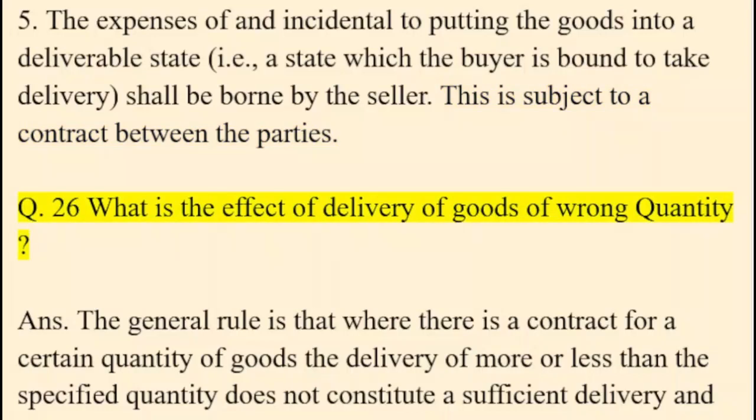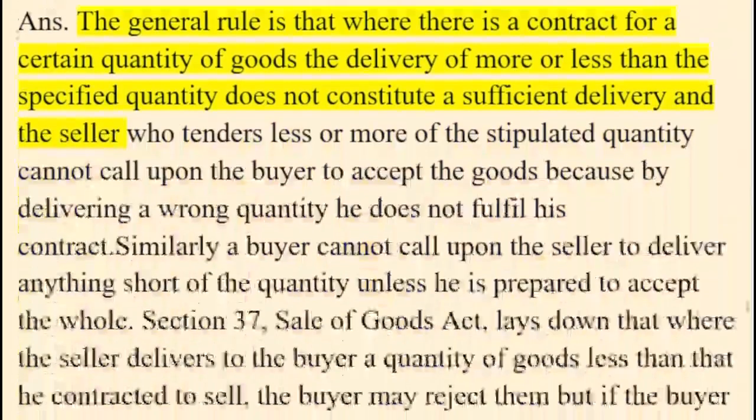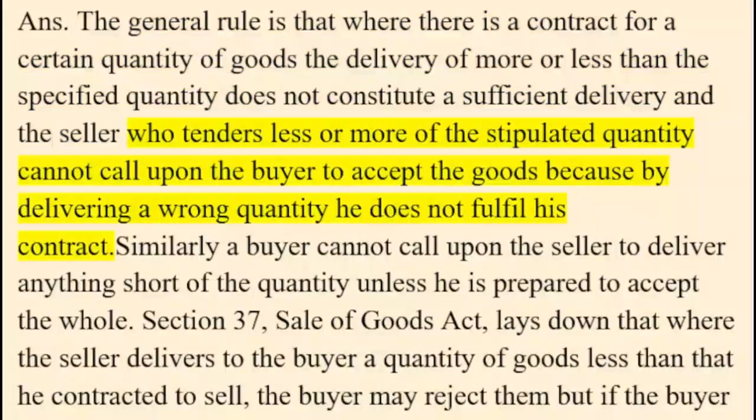Q. 26. What is the effect of delivery of goods of wrong quantity? Ans. The general rule is that where there is a contract for a certain quantity of goods, the delivery of more or less than the specified quantity does not constitute a sufficient delivery, and the seller, who tenders less or more of the stipulated quantity, cannot call upon the buyer to accept the goods because by delivering a wrong quantity he does not fulfill his contract.